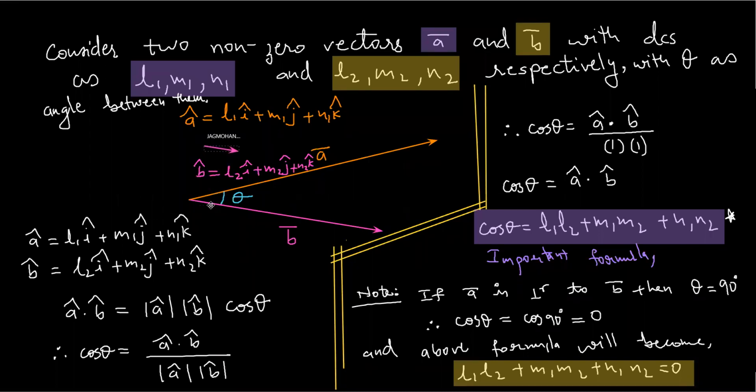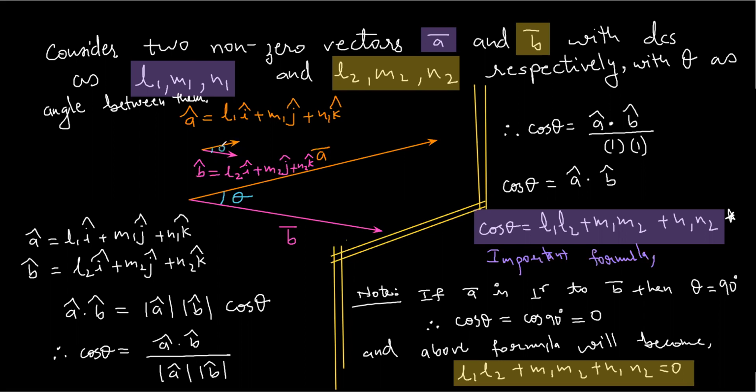B cap is a unit vector in the direction of B bar, and A cap is another unit vector in the direction of A bar. They have the same magnitude, which is equal to 1.